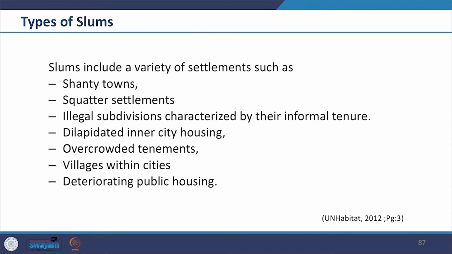So all those varieties you can see when you look for slums. Each of these originates, grows and develops differently and may vary in size. A slum could be a few huts to thousands of permanent dwellings and may be located in the city, or it can be located in the periphery as well.